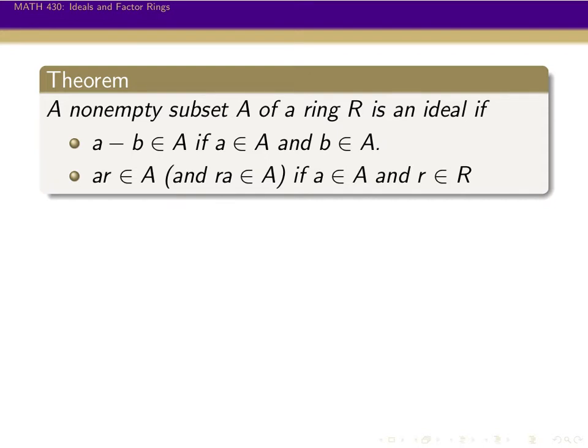And so how do you tell something is an ideal? Well, first, it has to be an additive subgroup. That's part of being a ring, and so this is just the one-step subgroup test for addition.